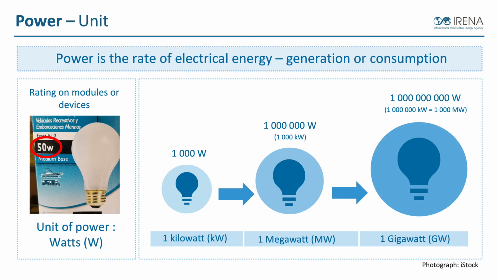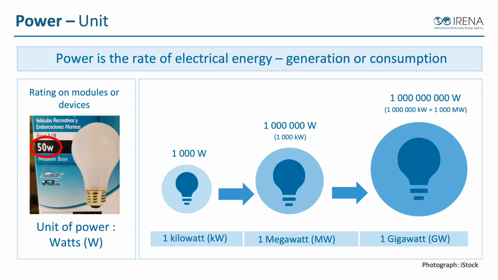So the unit of power being watts, that is this rate of electricity that's a constant, either going in or out of the device. Our homes are going to draw X number of watts or kilowatts. Our solar electric system is going to produce watts or kilowatts. And so power is this rate of electrical consumption or production.